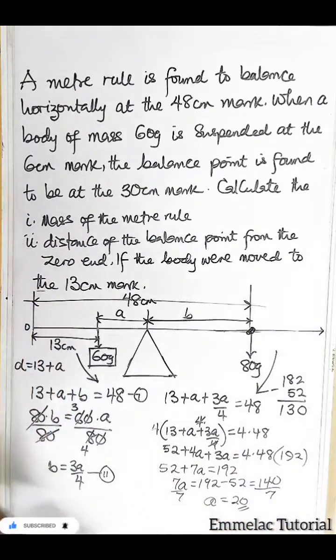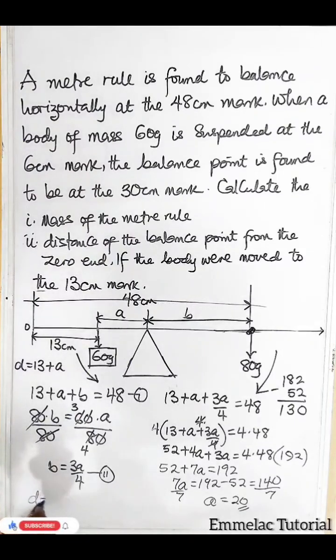Okay, but take note, what we're looking for is D, the distance from the 0 end. D equals 13 plus A, and our A is 20. So let us just plug in the 20 here. That will give us the 33 centimeter mark.